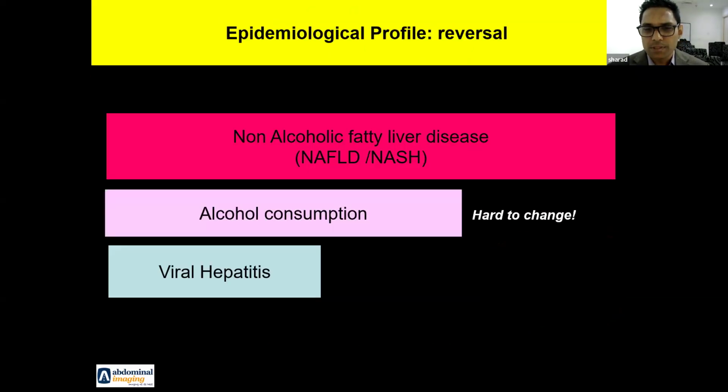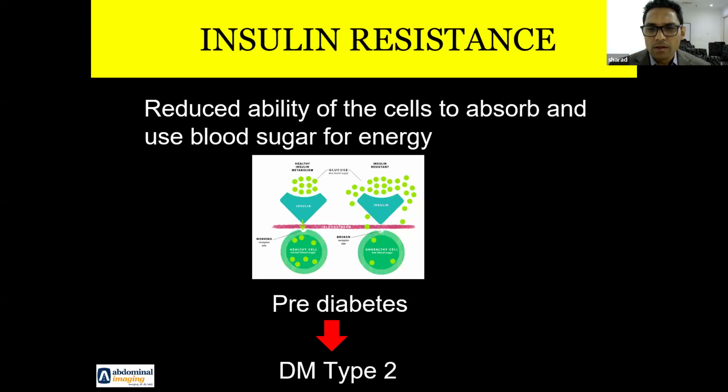And the epidemiological profile: viral hepatitis used to be the number 1 cause for liver disease, but now it is reversed. Fatty liver disease is the number 1 cause. Alcohol remains second. Viral hepatitis takes the back seat, especially with vaccinations. So for our Indian population, as we are the diabetes world capital, understanding insulin resistance is very important.